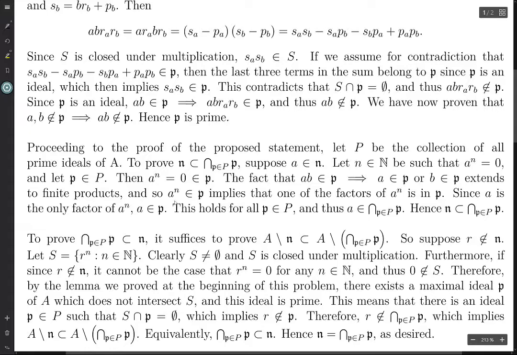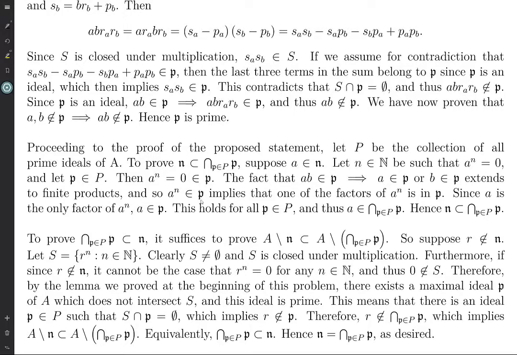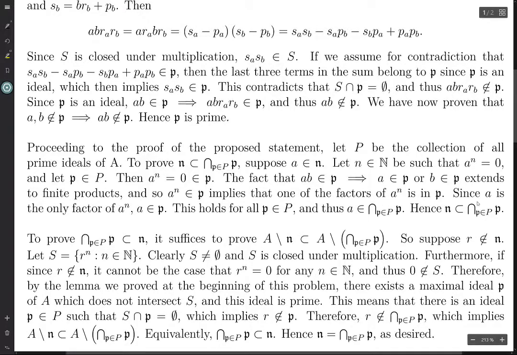So if a to the n is in P, then one of the factors is in P. But every factor is a, so a is in P. So anything in N is in this prime ideal. This holds for every prime ideal, so a is in the intersection of all prime ideals, and this holds for every a in N, and therefore N is contained in the intersection of all prime ideals.